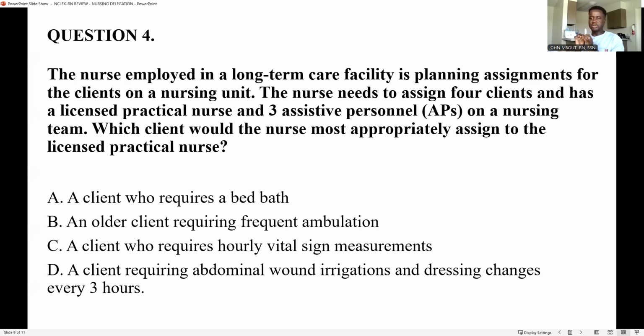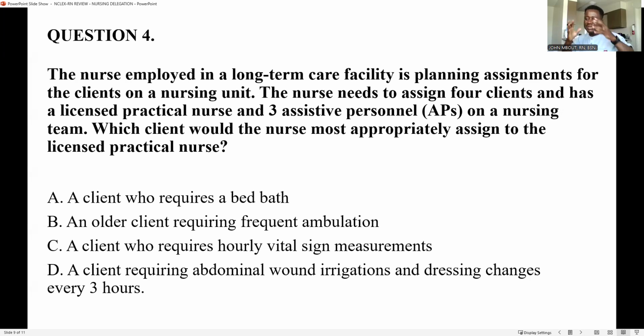Frequent ambulation and wound irrigation are all activities of the LPN. But in this case, you will choose the least possible activity, because the AP is not here to take this action. I don't know if you understand what I'm trying to say.